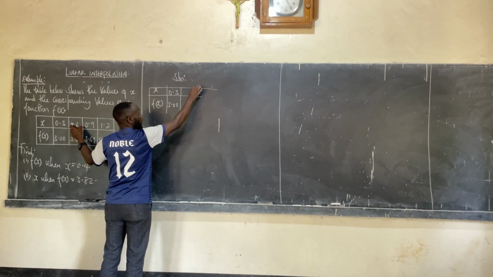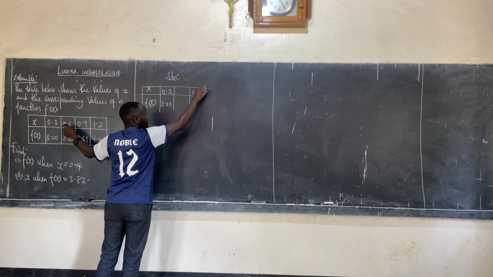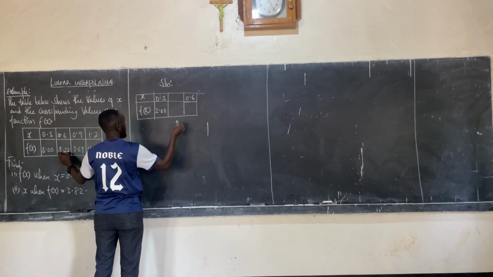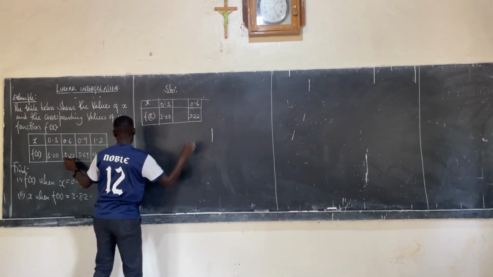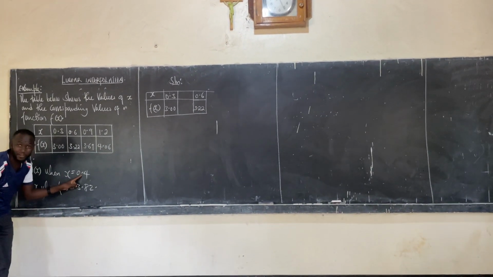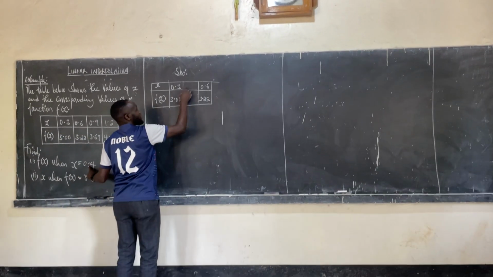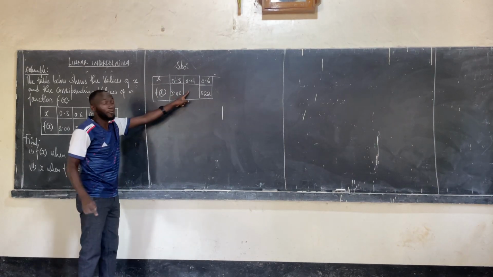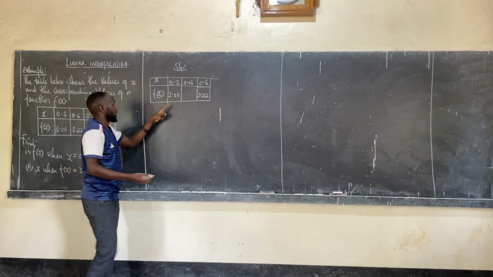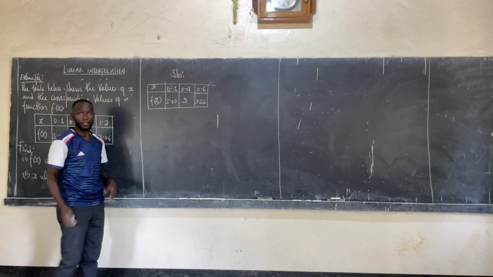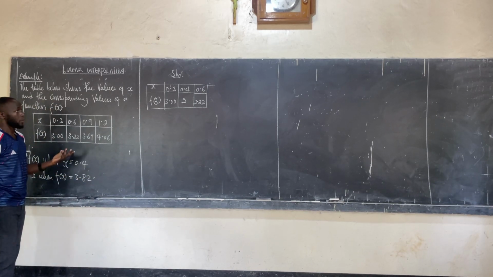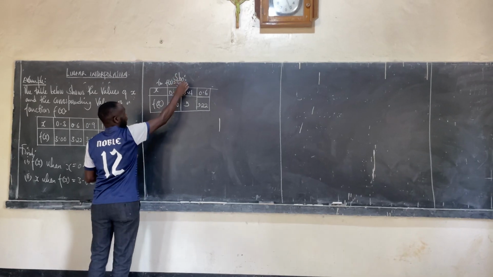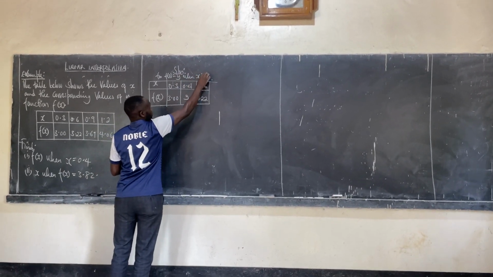We have 0.6, which corresponds to 3.22, and we have the value of x 0.4, which lies in between these two successive figures, which corresponds to the function f of x we don't know. If we let f of x be y, then f of x equals y when x is 0.4.